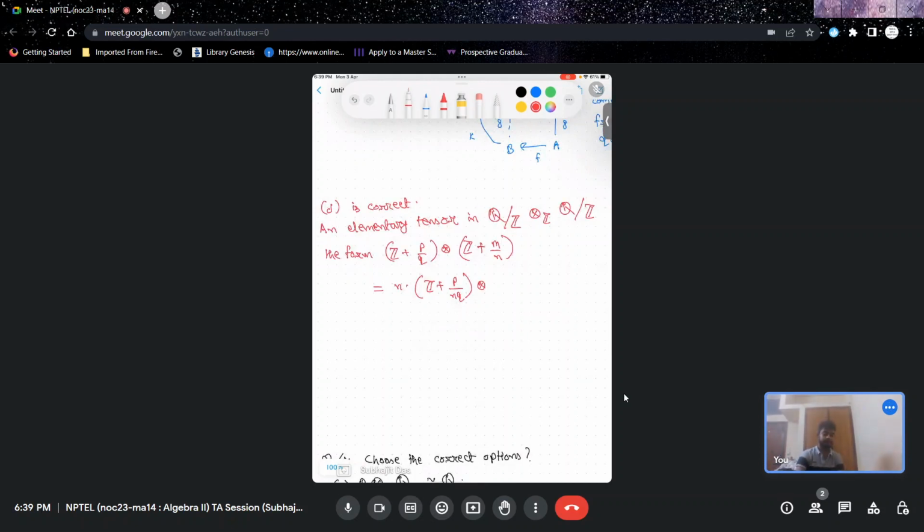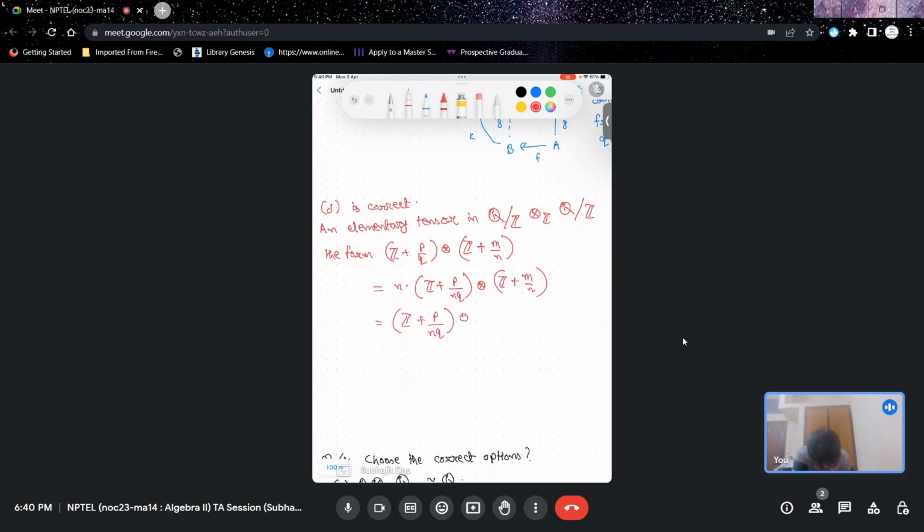tensored with z plus m over n. And again since n is a scalar in the base ring Z, you can bring it to the second component.